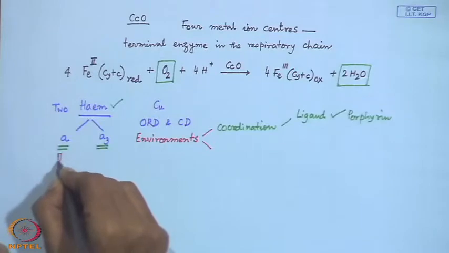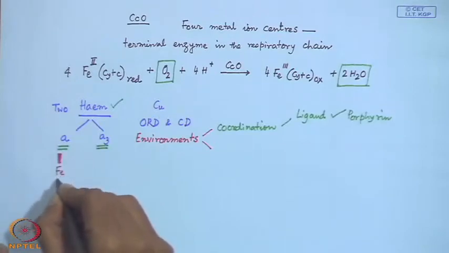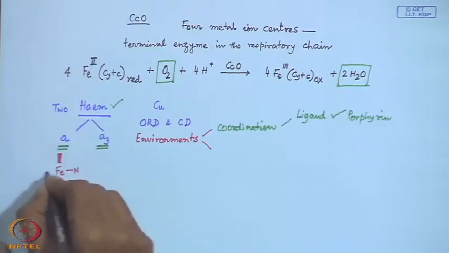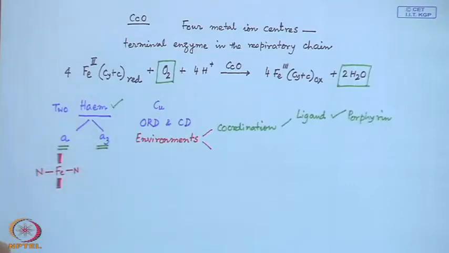If we have some idea that this is heme A and heme A3, one is cytochrome A, that is Fe, this is the porphyrin plane, and we have two nitrogens.